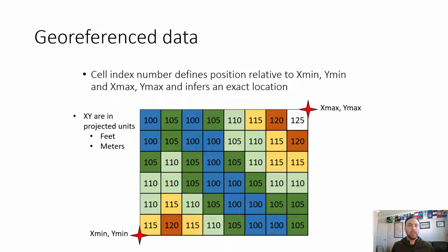Raster data are projected in some sort of linear units, often meters, sometimes feet if it's in the United States. So just be aware of that. The spatial precision of raster data is always going to be slightly less than vector, at least at any given inferred location, and that's simply because the definite locations are limited.